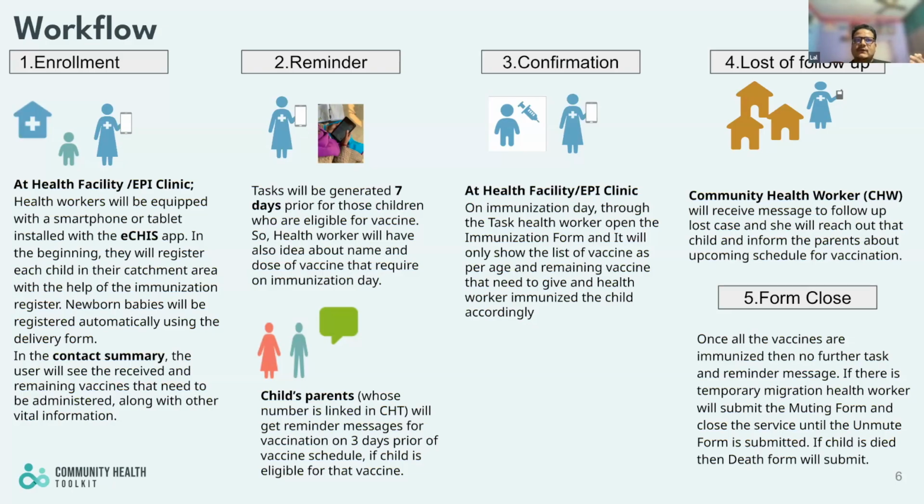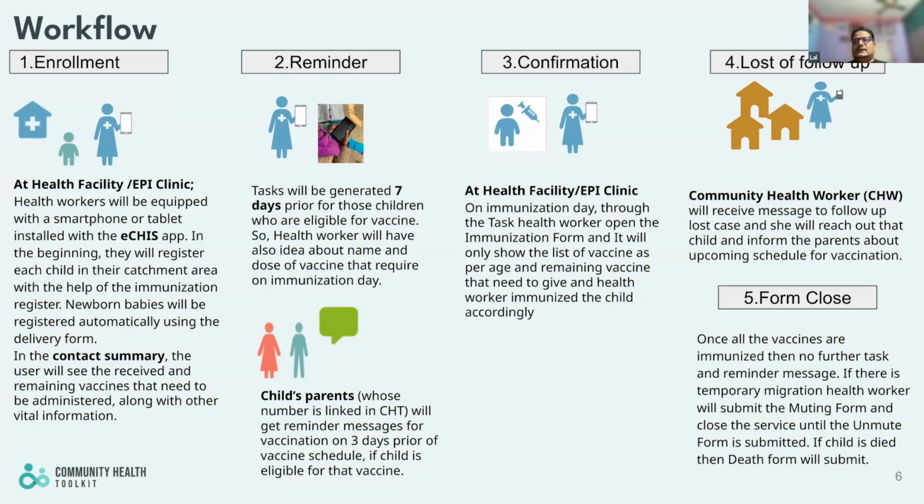The list of vaccines only appears as per the age of the child, and if the child is a little older but hasn't received a previously scheduled vaccine, that vaccine also appears, but once it is marked, it will not appear in the next schedule. So it helps to reduce human error and also shortens the time of the form.